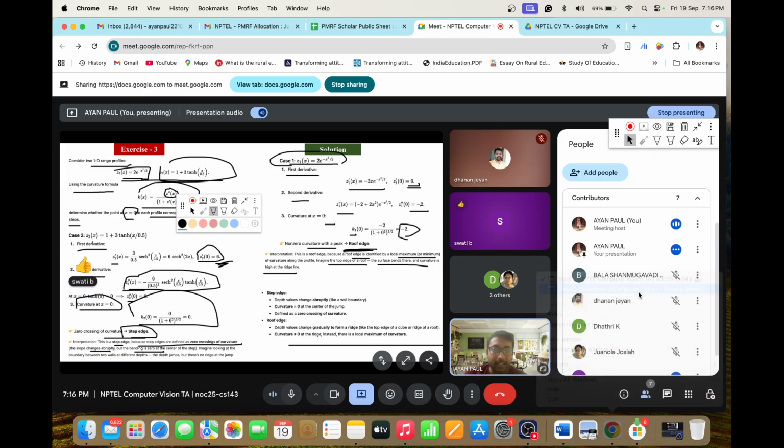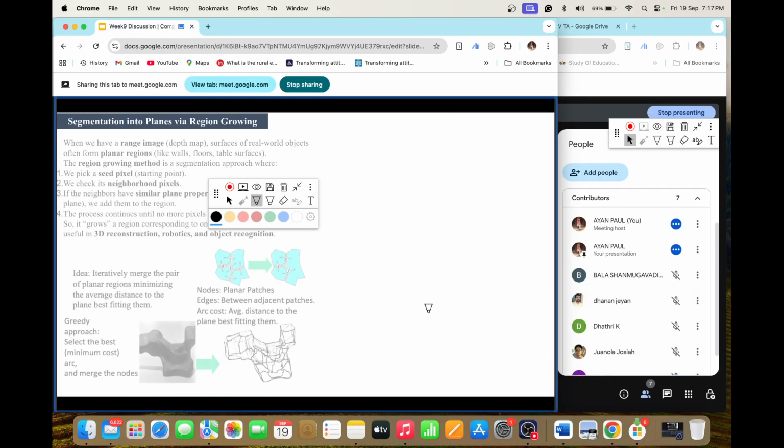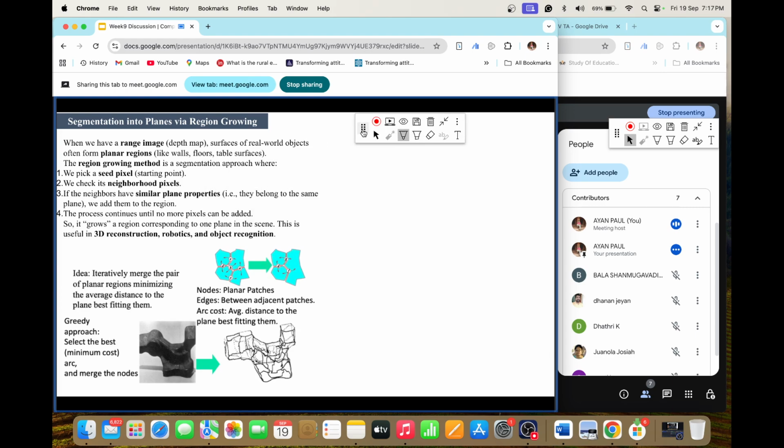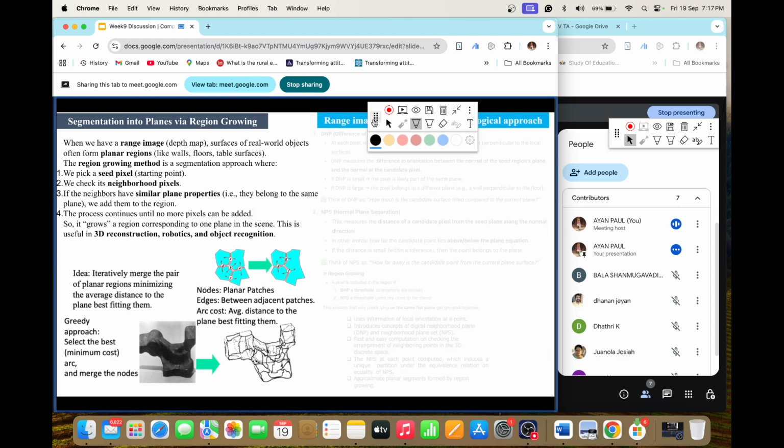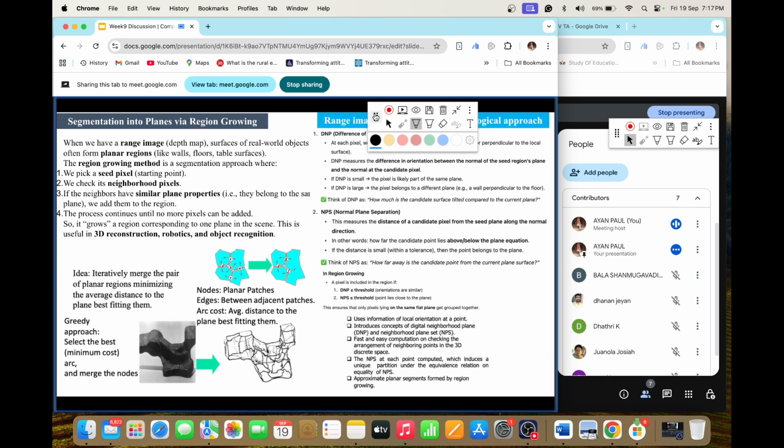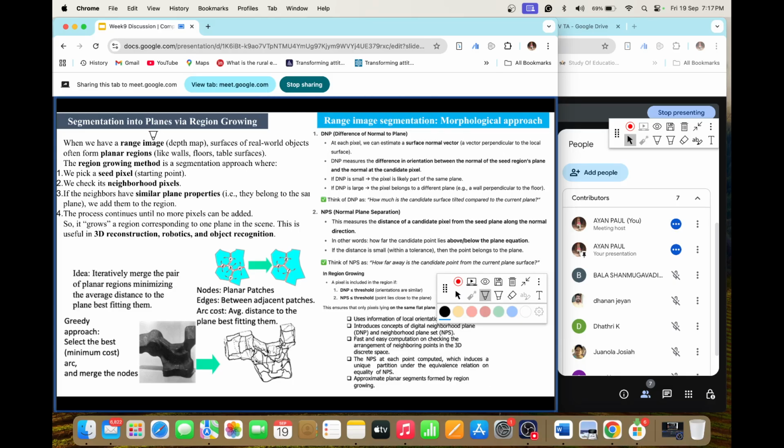Let me move on to the next topic, that is segmentation into planes via region growing. Again, it is much theory, but let's discuss the basics. When we have a range image or depth map, range image means depth map, because for a two and a half D image we are just talking about the depth map. Surfaces of real world objects often form planar regions like walls, floors, or table surfaces.